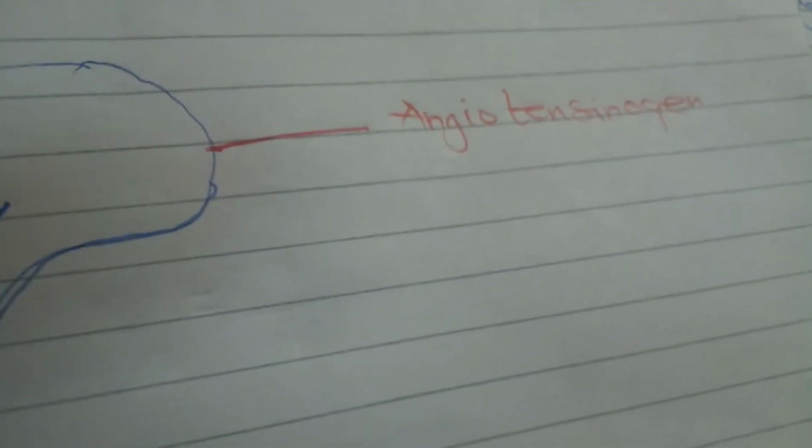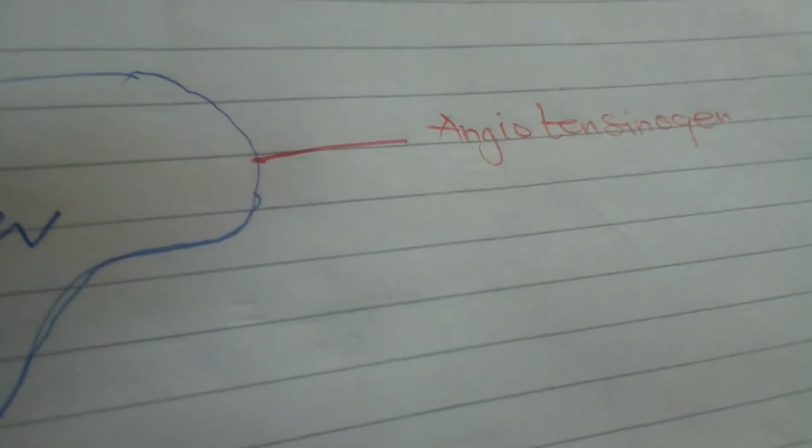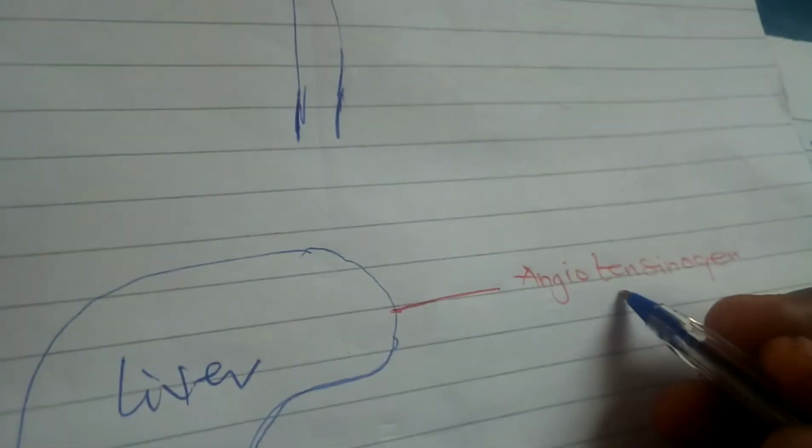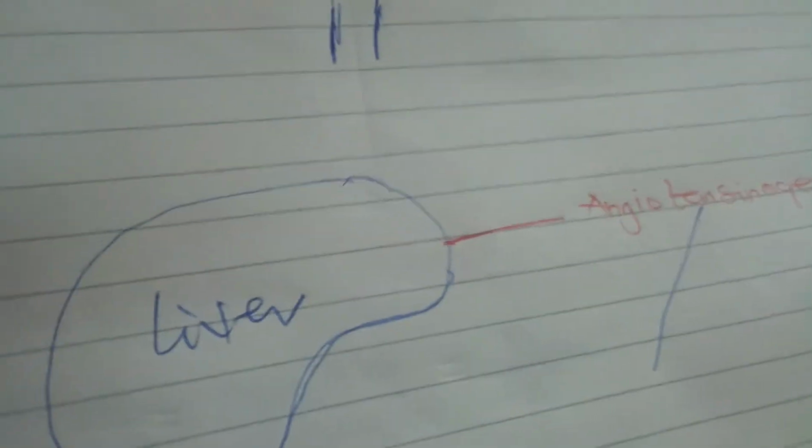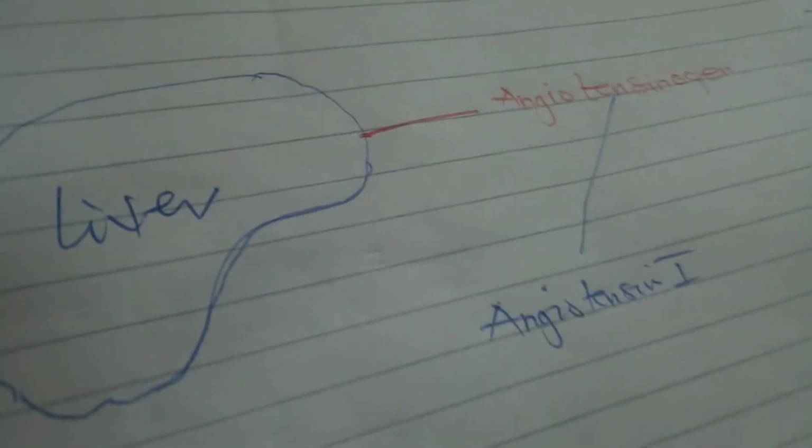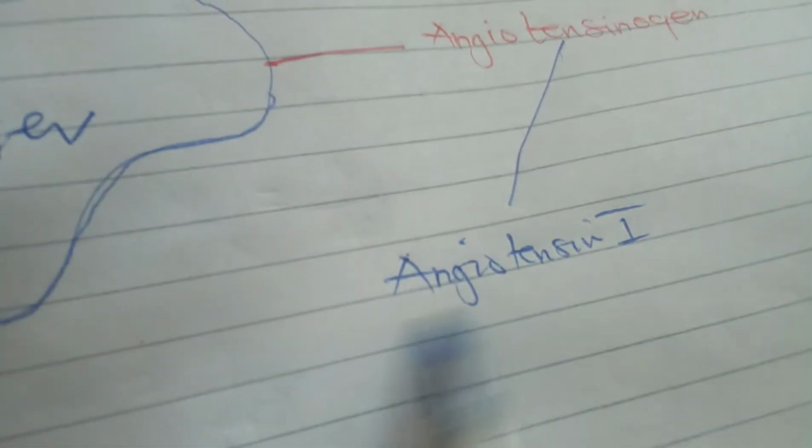The active form of angiotensinogen is called angiotensin 1. So angiotensin 1 is the active form of angiotensinogen.